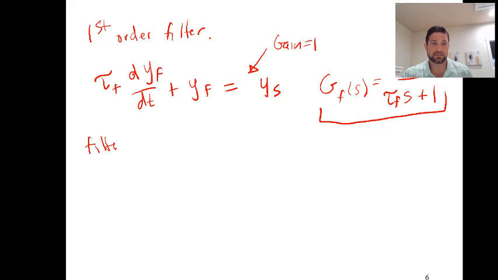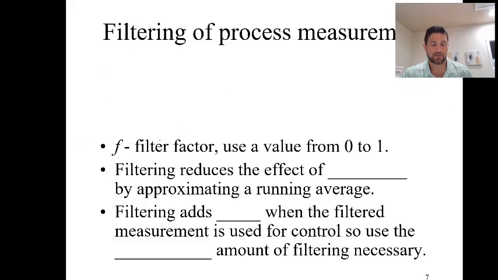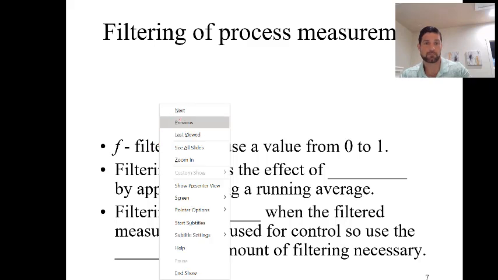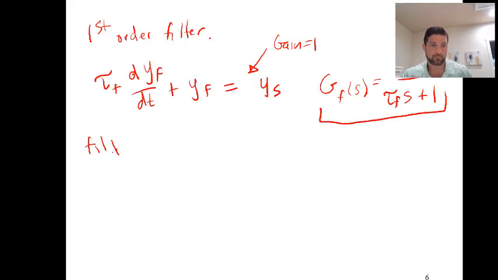Filters on sensors are going to use a value called a filter factor. We're not going to go into detail on some of this math, but I'm going to show you a little bit about how the filter factor is defined.